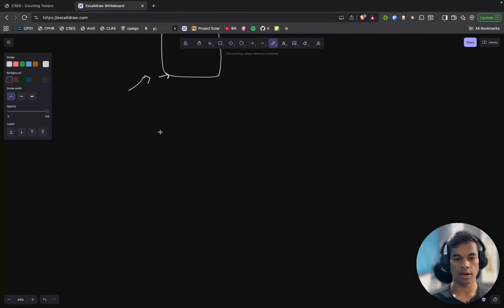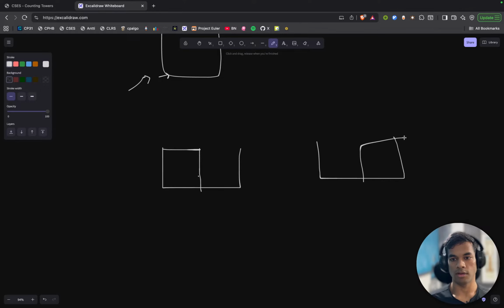Let's make our concept of making choices more concrete. If we are at the bottom row, then one choice is this, one choice is this, another choice is this, and another choice is this, and then the next choice is this.